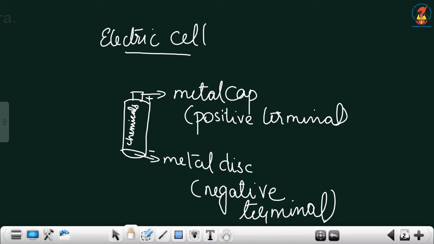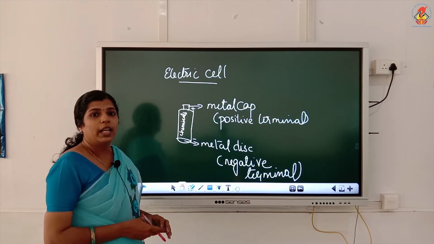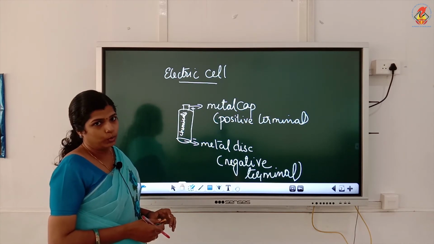Chemicals will be stored in this cell. So, when a bulb is connected to this cell with the help of wires, this chemical energy will be converted to electrical energy and the bulb will glow.